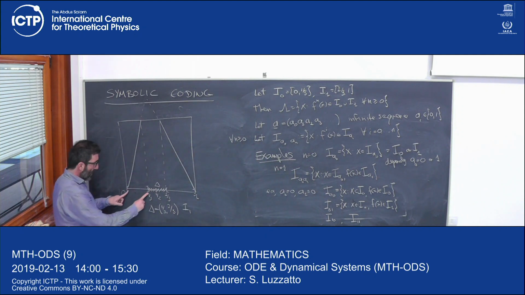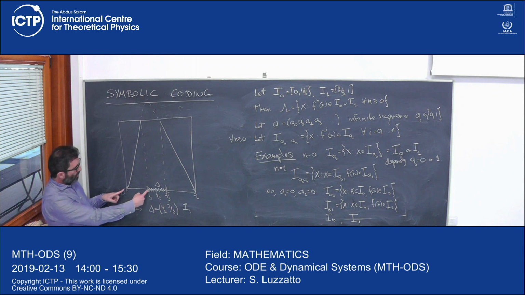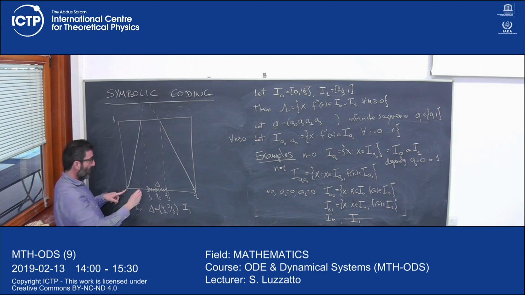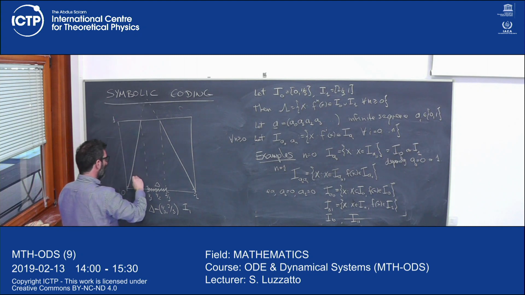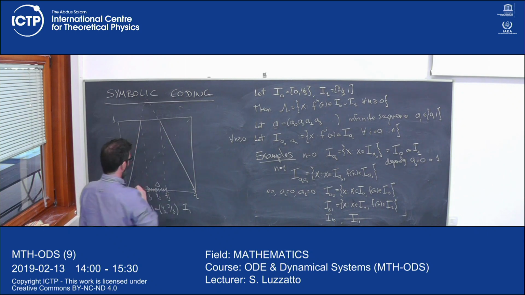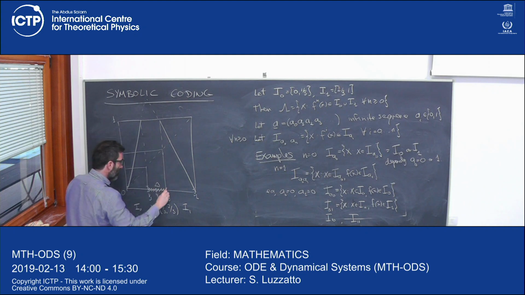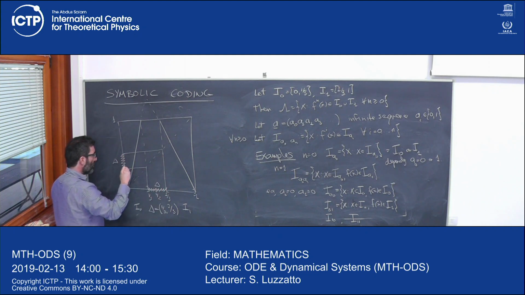So we have the points in I0. We already saw that I0 maps to all of [0, 1]. So here we have the diagonal, and this is delta, again the set of points which are bad.